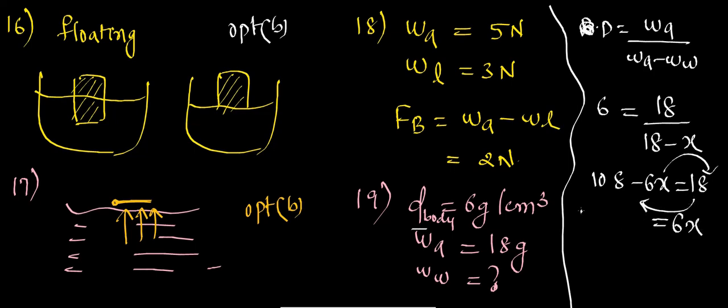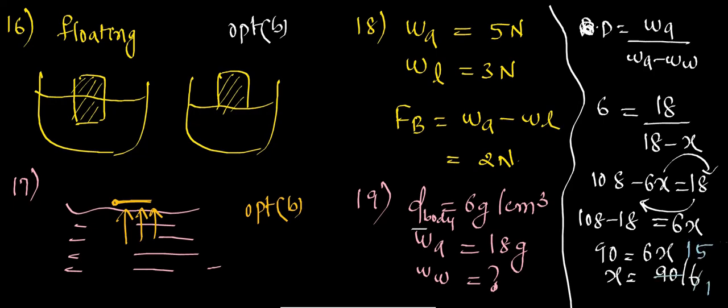Bring 18 this side, it will become negative. 6x is equal to 108 minus 18. 8 minus 8, 0. 100 minus 10, 90. So 90 is equal to 6x. Now x is equal to how much? 90 by 6. 6 ones are 6, 3 will be there, 6 fives are 30. So 15. x is equal to 15. But what is this? This is the weight in water. So 15 grams.